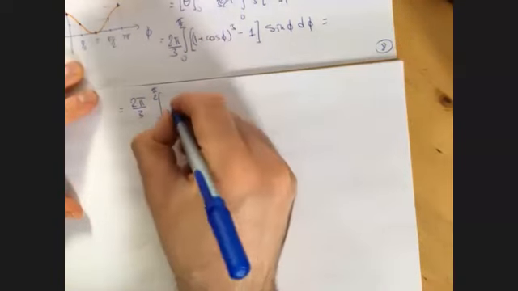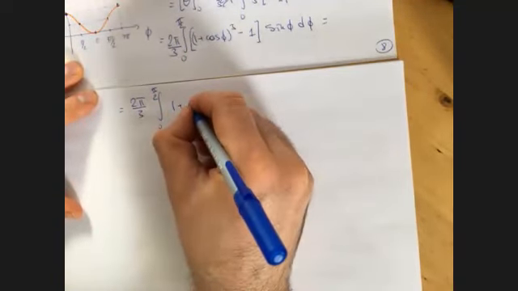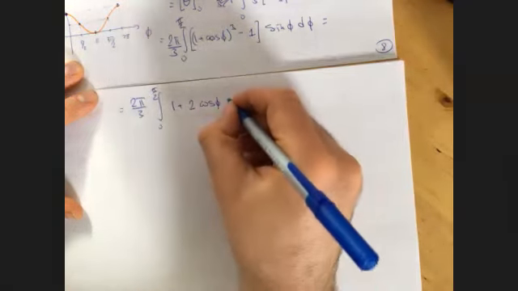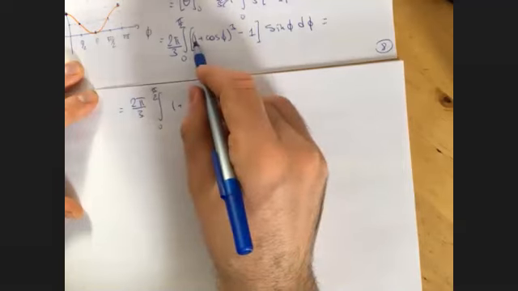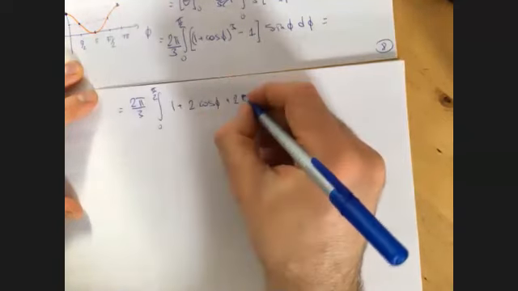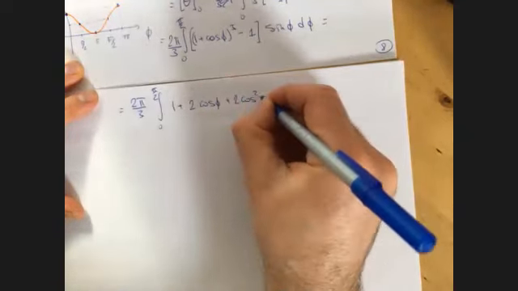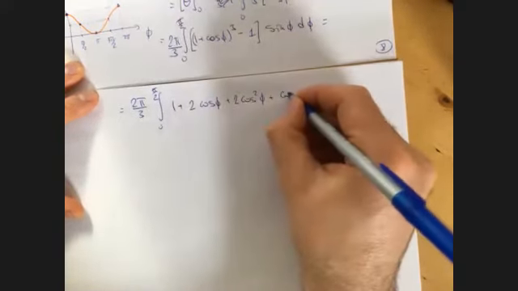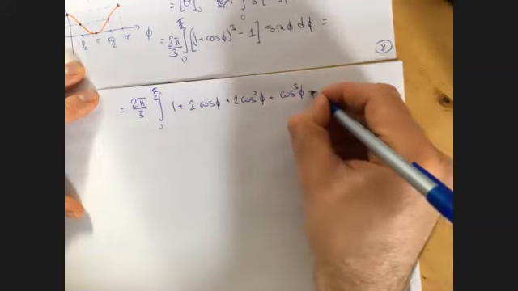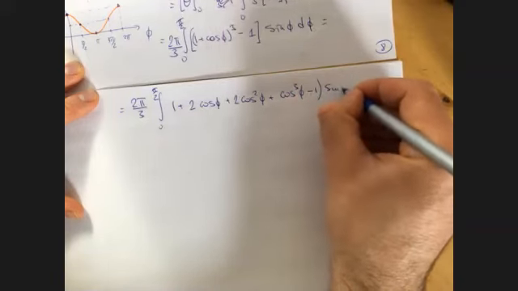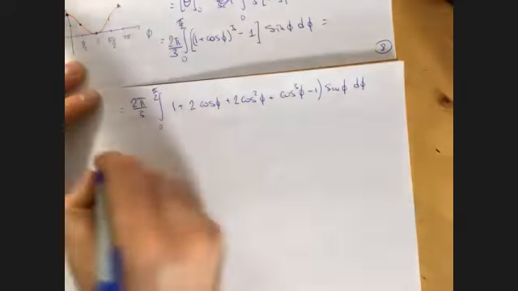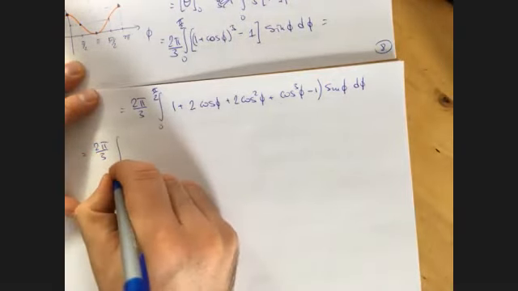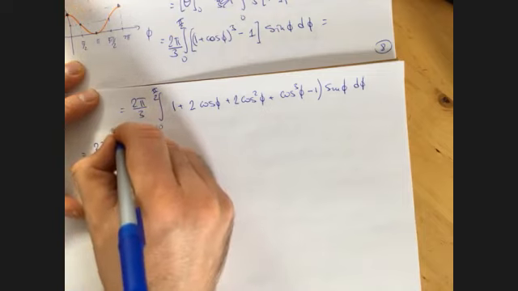The binomial formula, 1 plus 2 times 1 cubed times cosine phi, plus 2 times 1 times cosine squared phi, plus cosine cubed phi, minus 1, times sine of phi d phi.